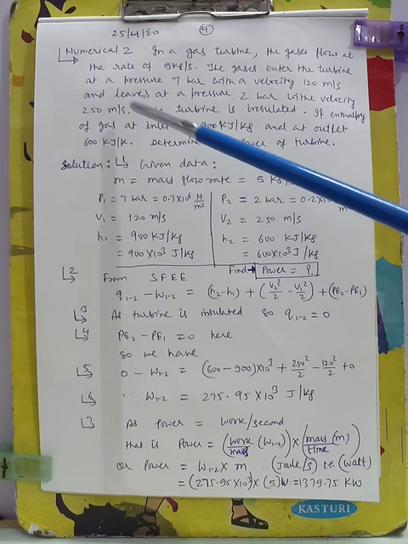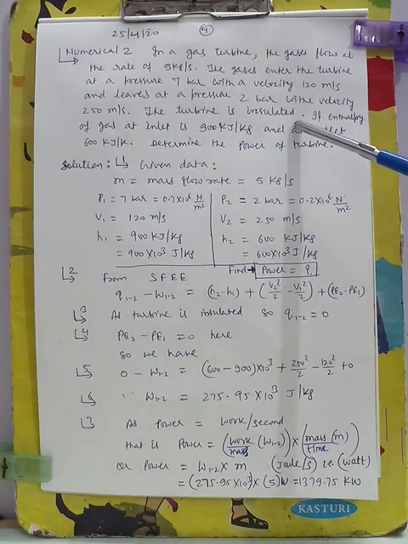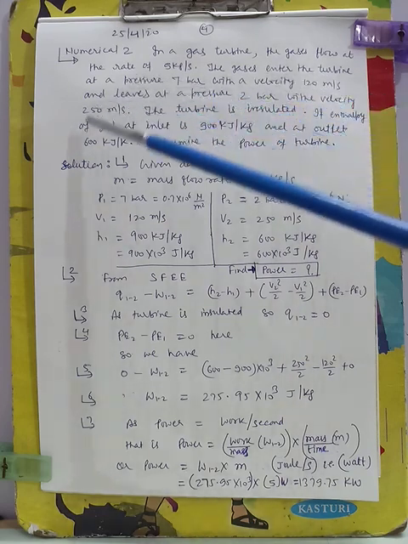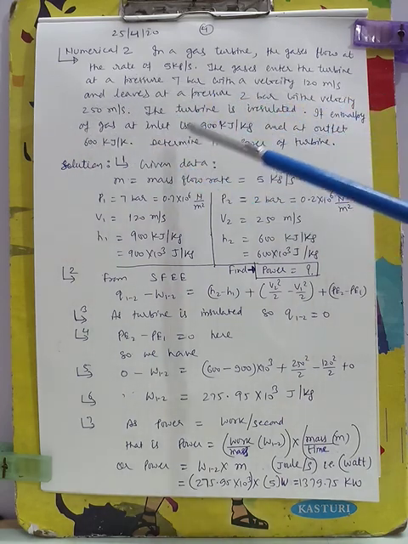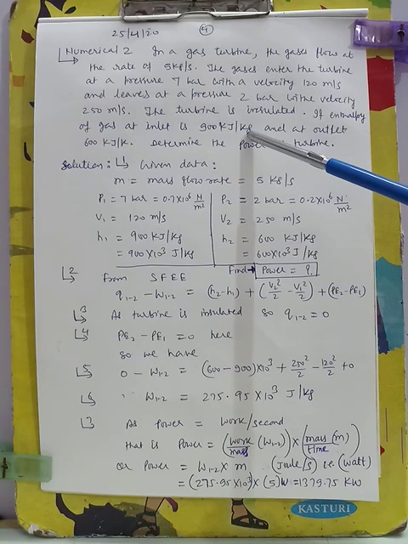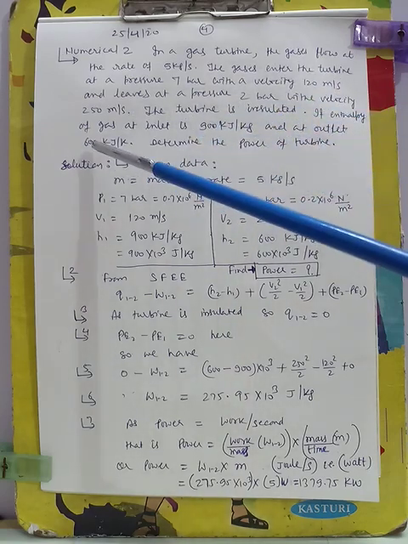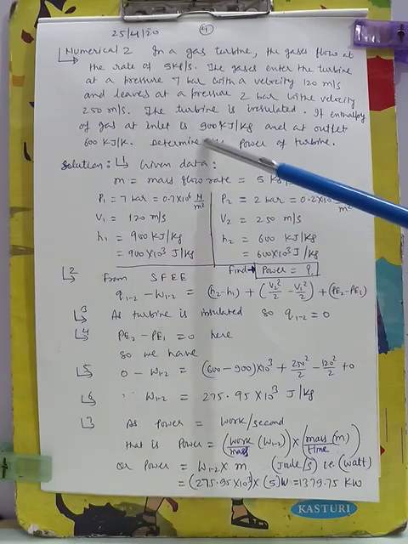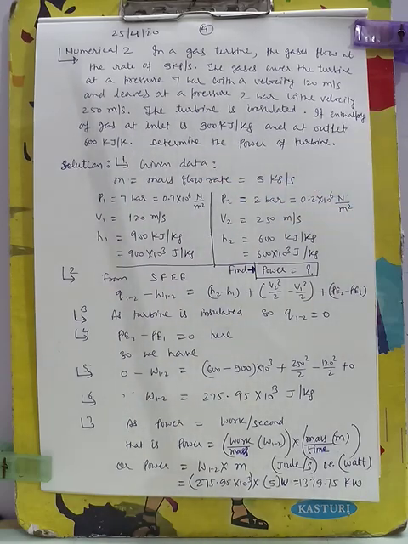The turbine is insulated. If enthalpy of the gas at inlet is 900 kilojoule per kg and at outlet is 600 kilojoule per kg, determine the power of the turbine.